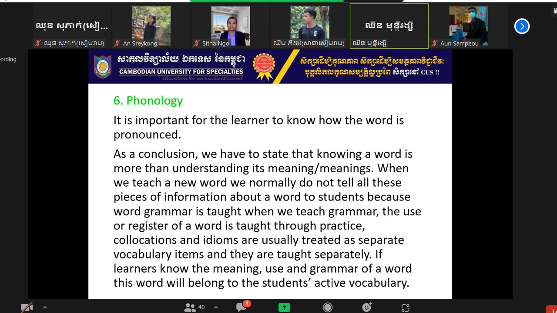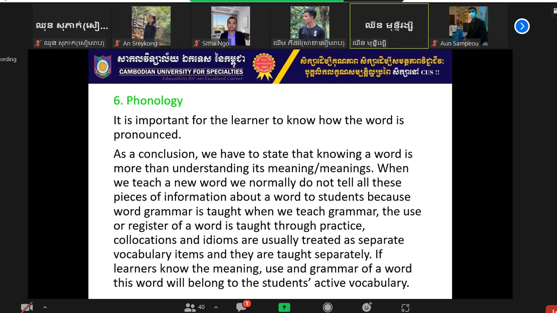When we take a new word, we normally do not tell all those parts of information about the word to students, because word grammar is tied when we take grammar. The use or register of a word is tied through practice.